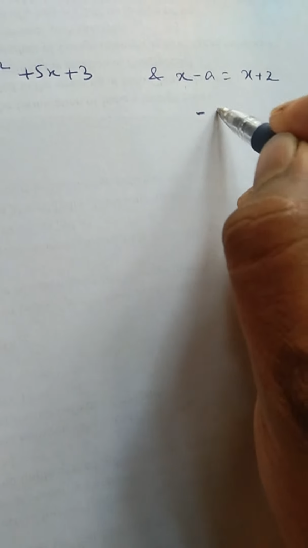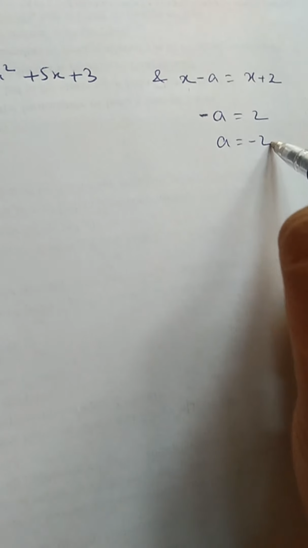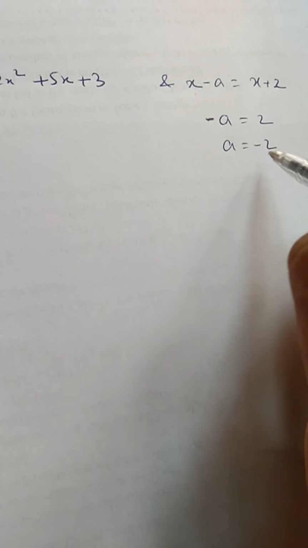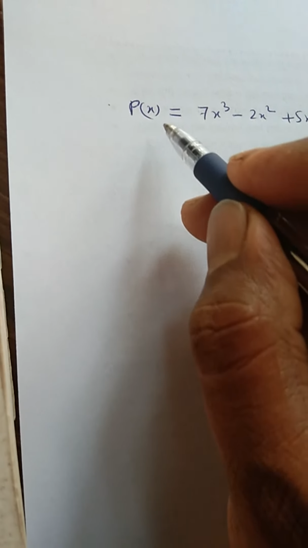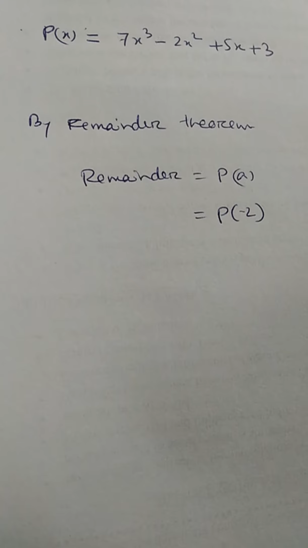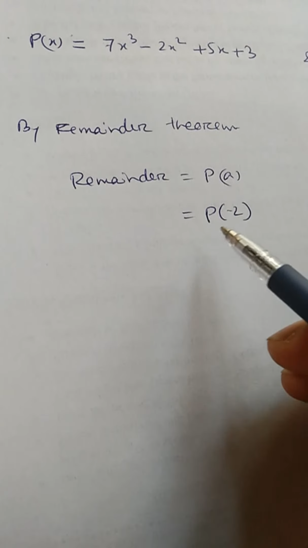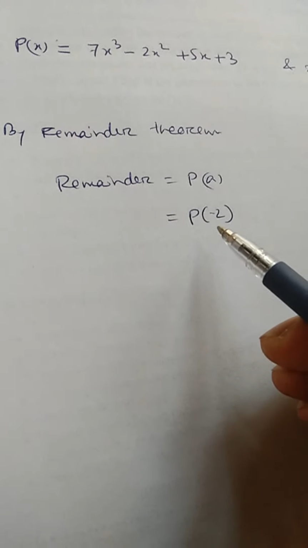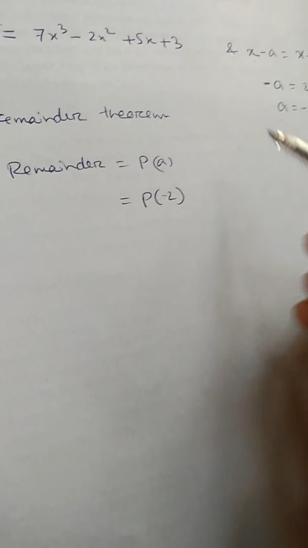So minus a equals to 2, that means a equals to minus 2. So now this value of minus 2 will write here in place of x. So by remainder theorem, remainder equals to p(a), that is p(minus 2), because x minus a equal to x plus 2 means a equal to minus 2.